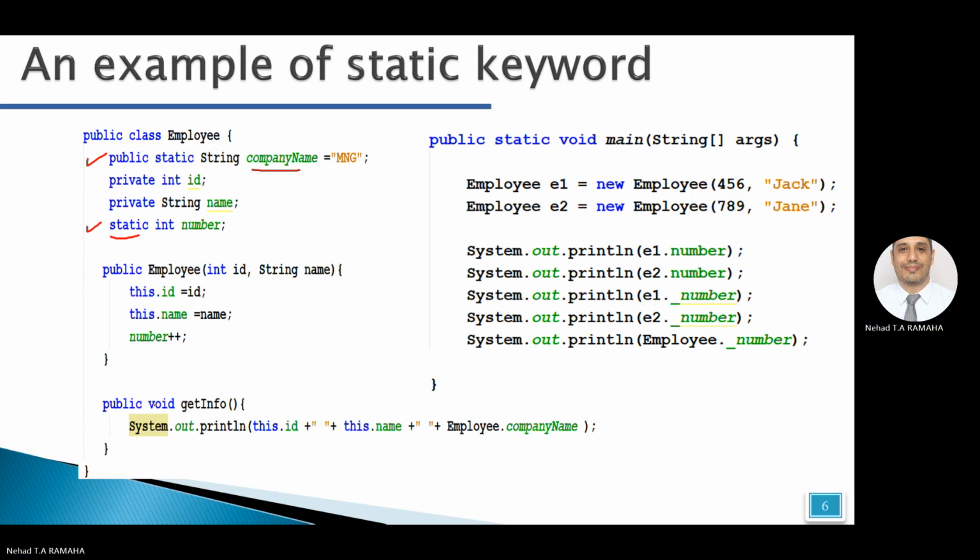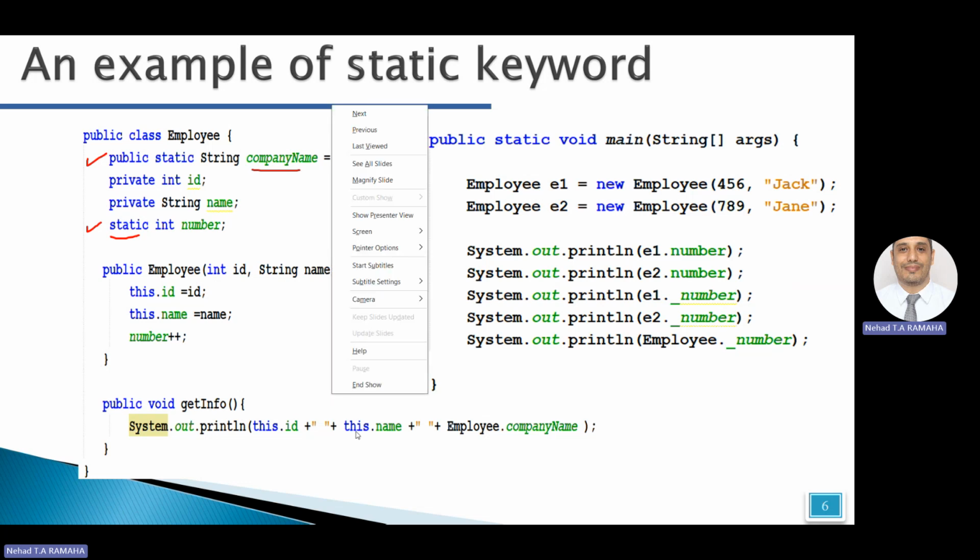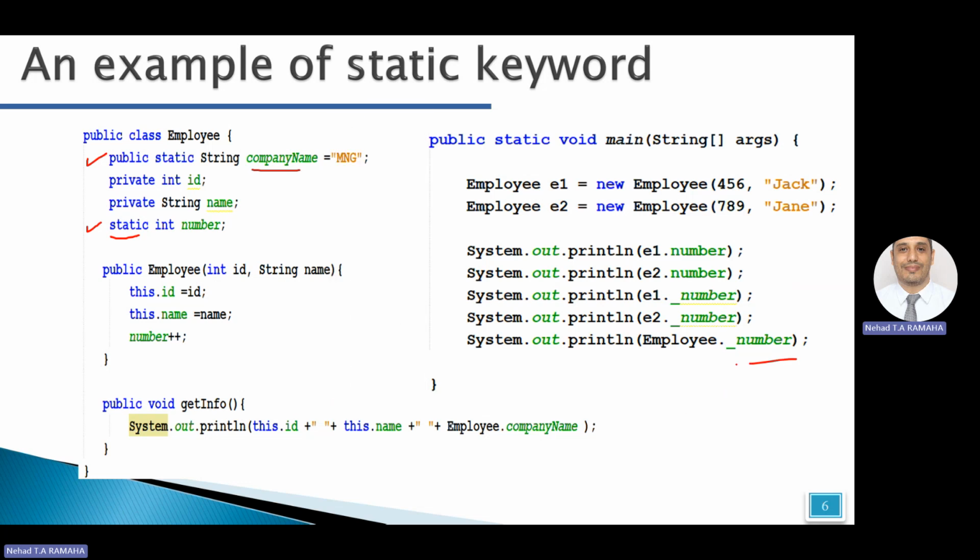Again, I think I gave it last time, but if we imagine that this is a heap, and we have an object for employee 1 and an object for employee 2.